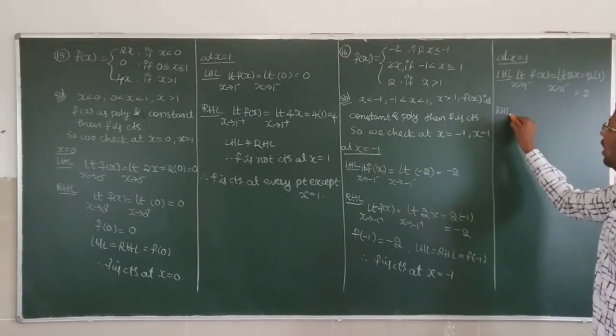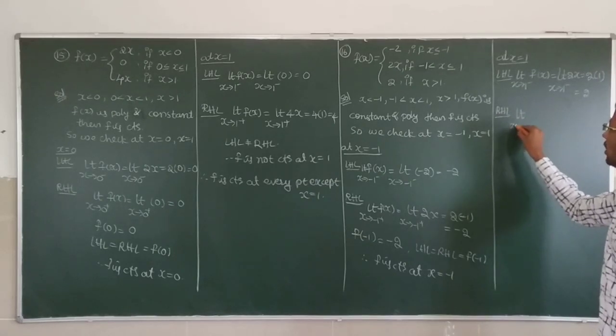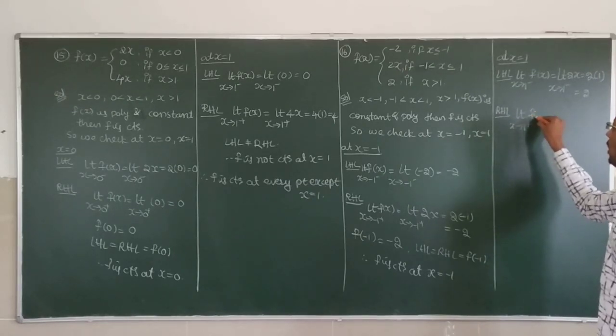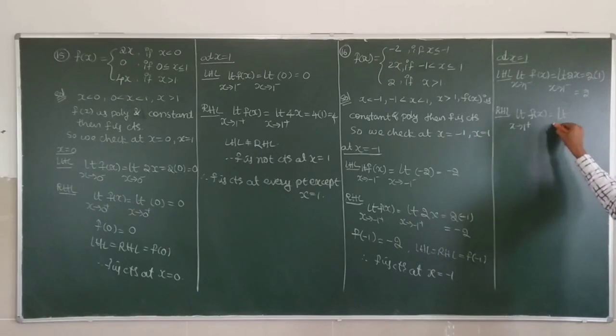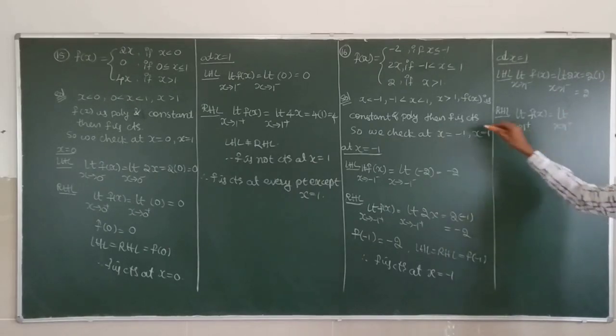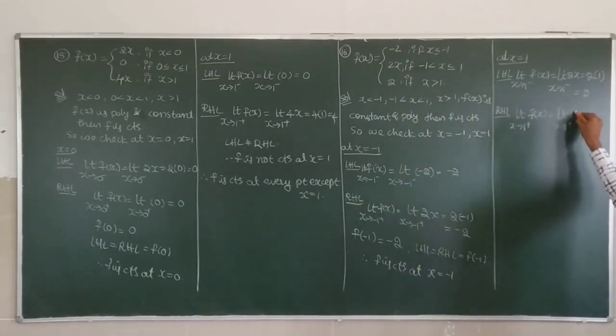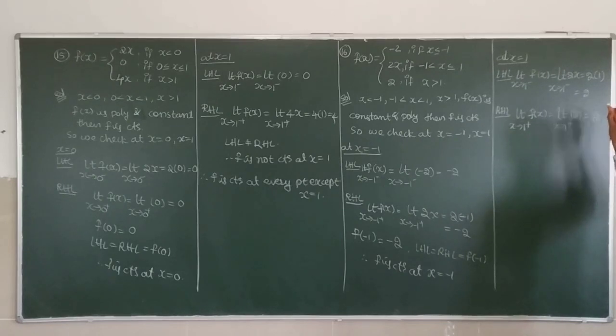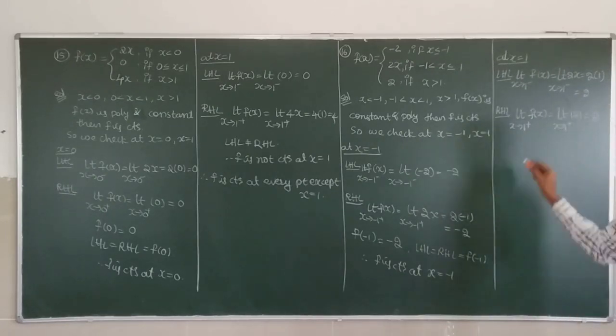RHL part: limit as x tends to 1 plus of f(x). For greater than 1, the value is 2, so the answer will be 2.